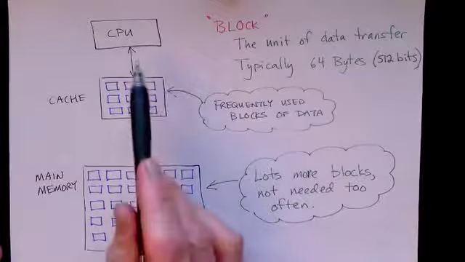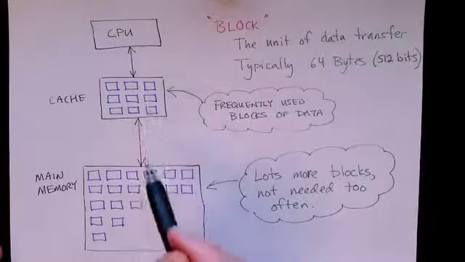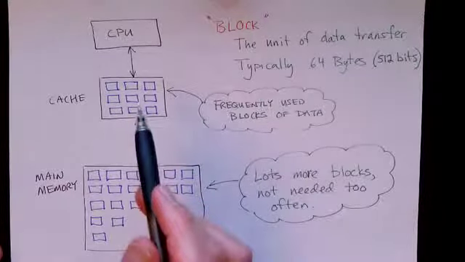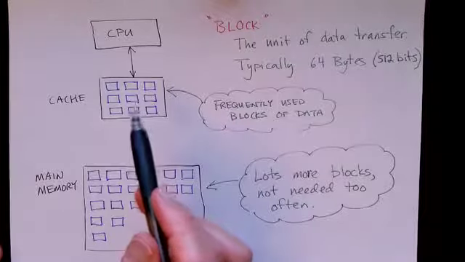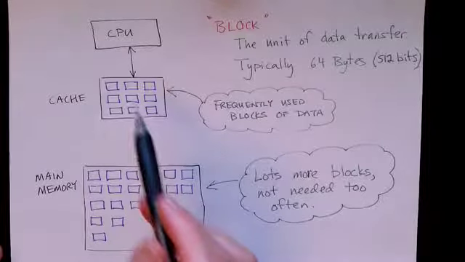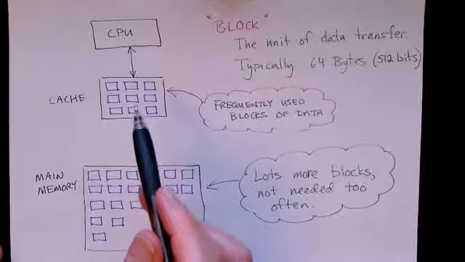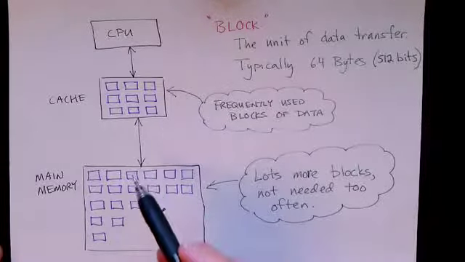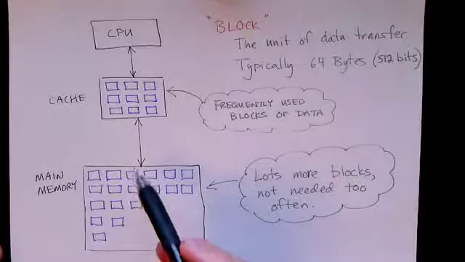Now, when the CPU wants something from memory, it has to ask the cache, and the cache may have that data in one of the blocks that it's storing, or it may not. If the cache doesn't have it, it will have to go to main memory and retrieve the block.